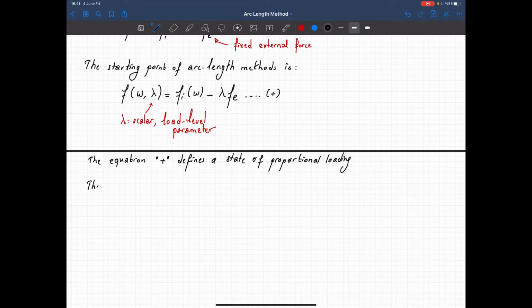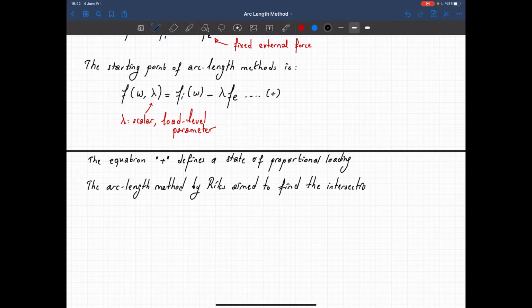So the arc length method by Riks aimed to find the intersection of equation plus with the arc defined by the following.